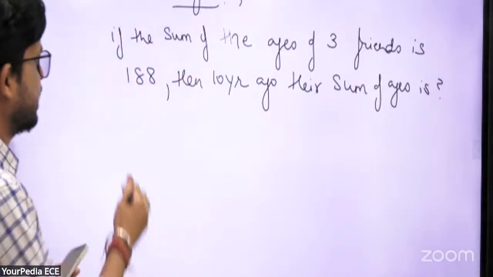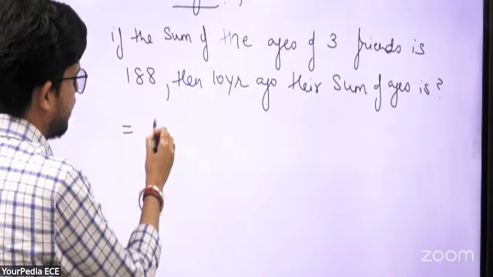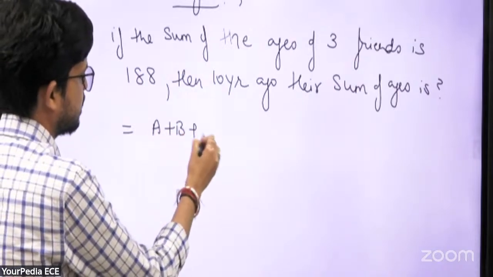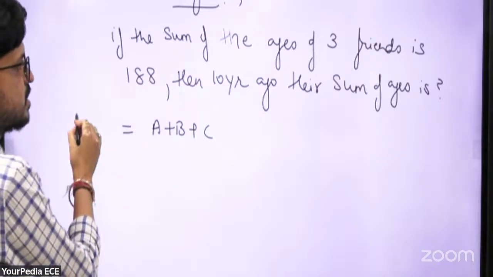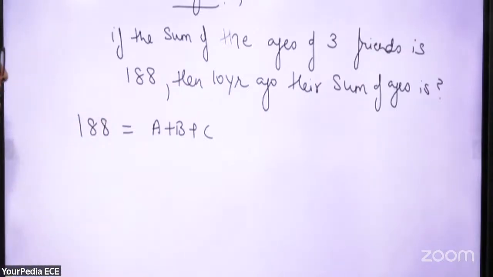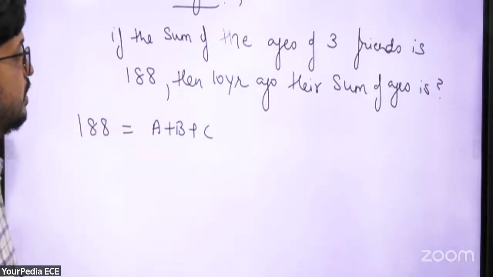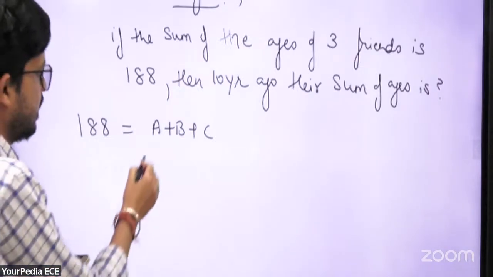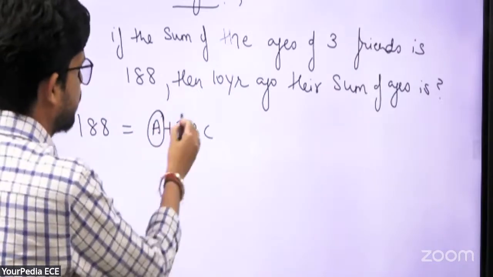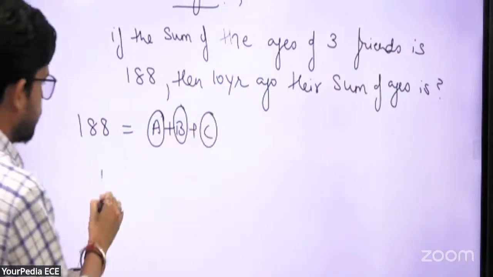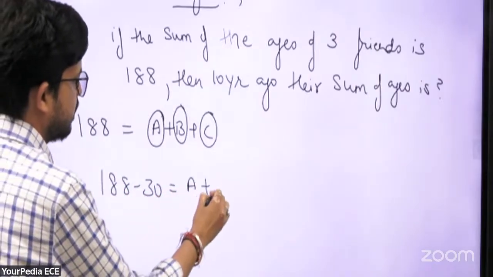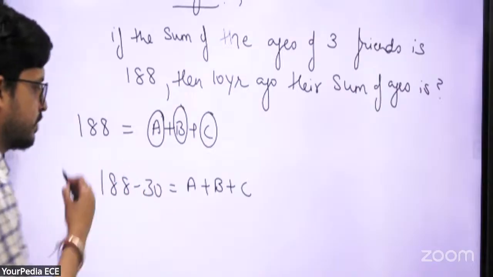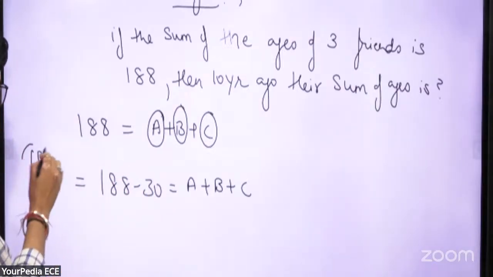Now first of all, understand the question. A, B, C are the three friends. The sum of these three friends' ages is 188. Now he is saying 10 years ago, so we have to subtract 10 for this, 10 for this, 10 for this. So we subtract 30 from the total age.